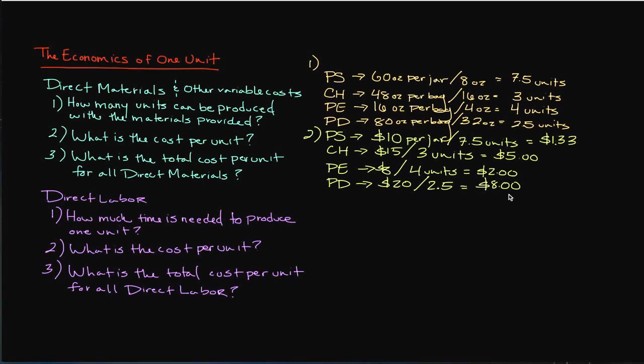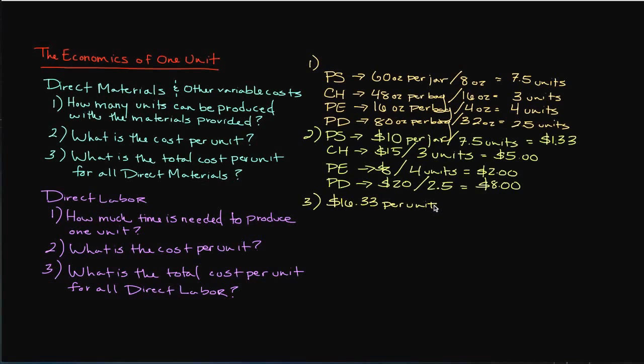The next thing that we have to do is, of course, determine what our total cost per unit is for all direct materials. So let's go ahead and do number 3 and simply add all those up. We're going to take everything in this column here, this $1.33, the $5, the $2, and the $8, and add everything together, and you should get $16.33 per unit.